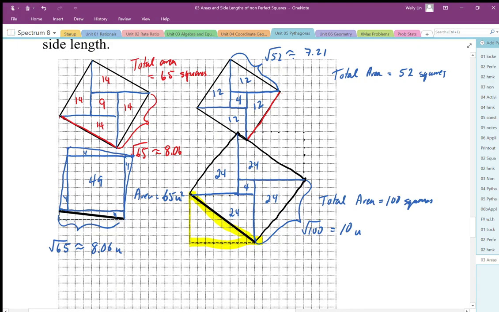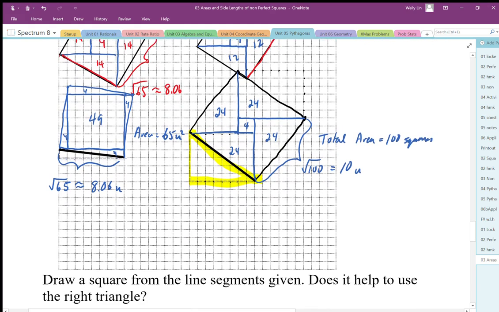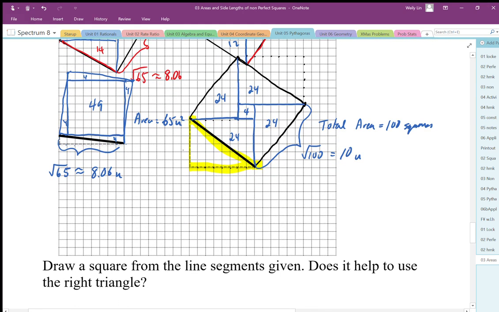The other thing was, though, we did talk about the squares from the straight lines, and this diagonal square was a little bit harder to draw than these squares. So this is 8 units, 1, 2, 3, 4, 5, 6, 7, 8. Well, this is a little bit easier square to draw because it's going to be along there.